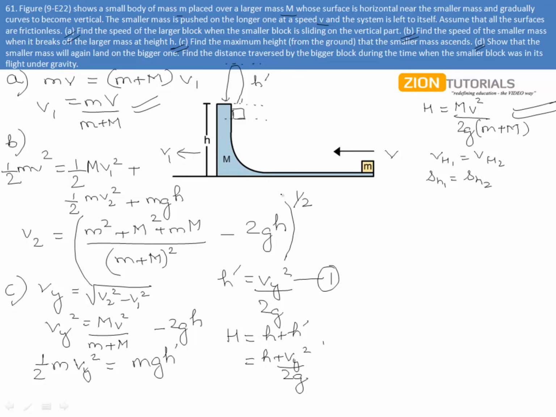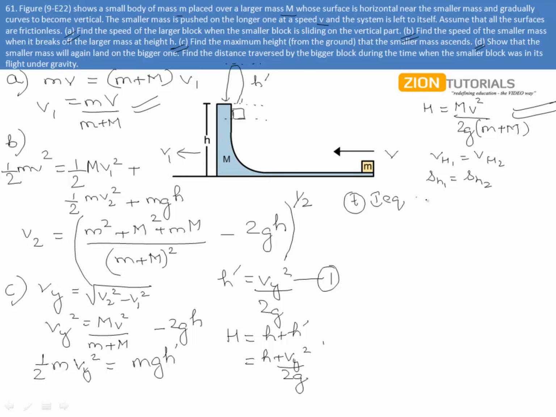Now all I need to do is find the time for which it had been in the air and take out the distance that is traveled by capital M. To find the time, I need to employ the first equation of motion. The final velocity, at small t, is just when it breaks off the contact and reaches the highest point.